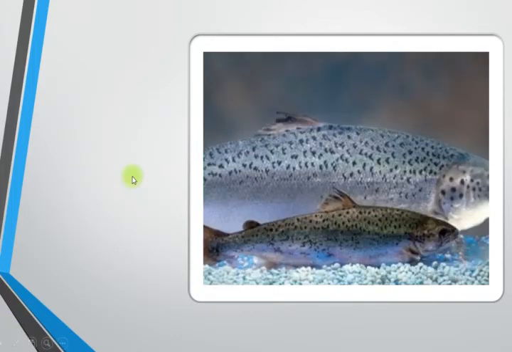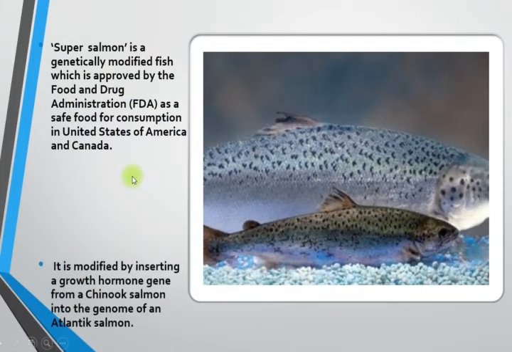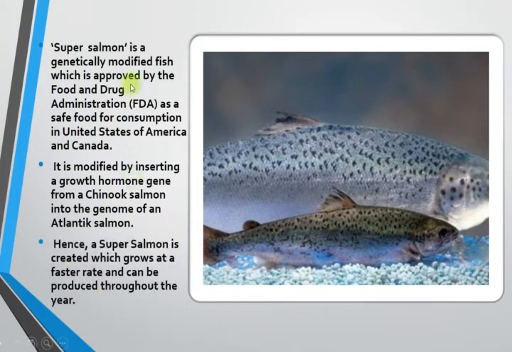Okay, so another example of the genetically modified food is super salmon. As you can see from the diagram here, the salmon here is bigger than this one. So what is a super salmon? It is a genetically modified fish which is approved by the Food and Drug Administration as a safe food for consumption in the USA, United States of America, and Canada.